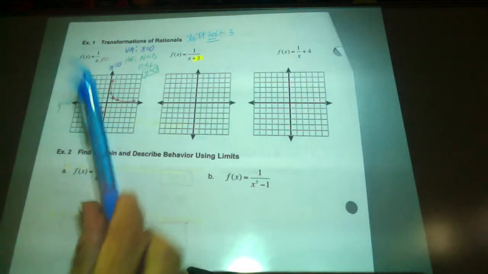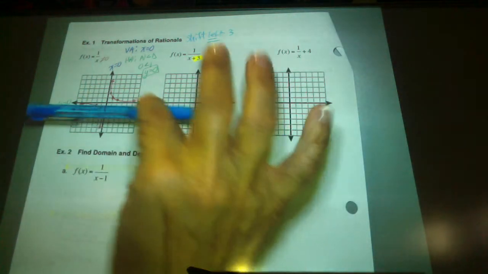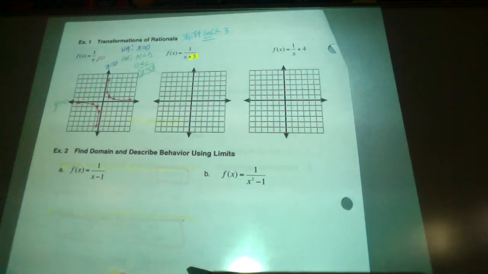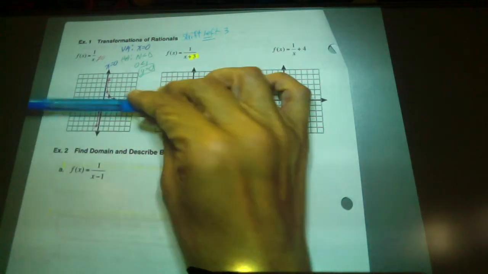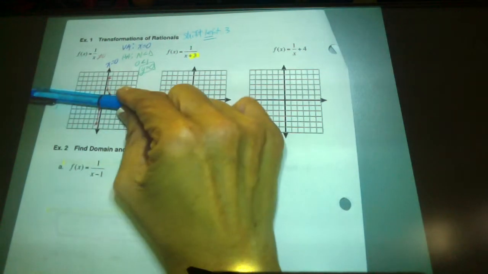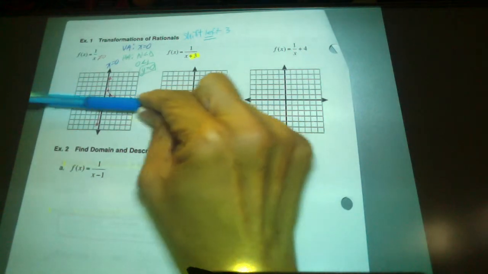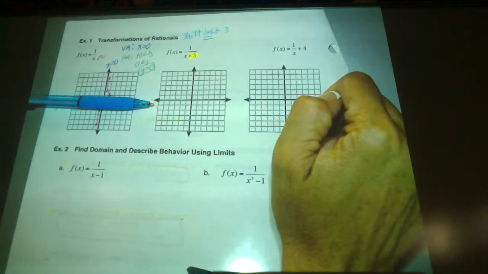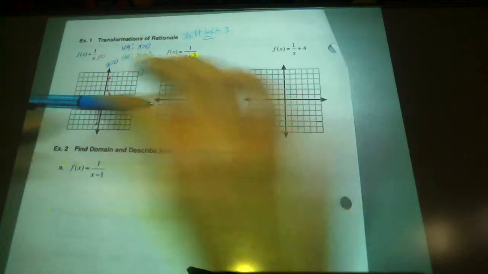So think about on here what shifts. I have a horizontal asymptote, I have a vertical asymptote, and I have some points. Let's start with the asymptotes. Is a horizontal asymptote, can I move it left 3? I'm going to move it left 3. Does it look the same or different? Aren't lines infinite on both ends?